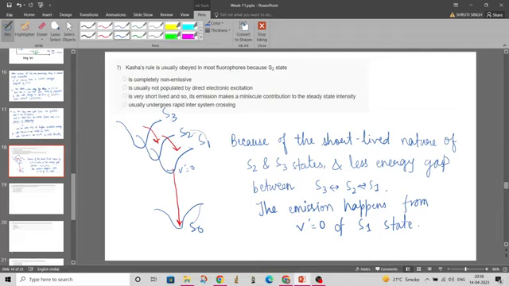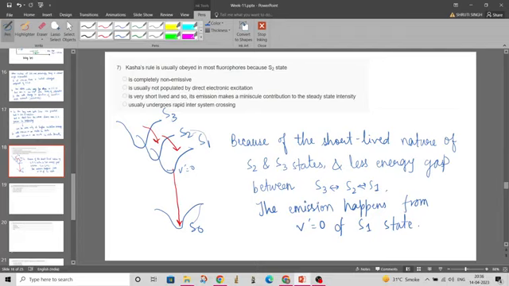This rule is obeyed because even if we give more energy and excite to the S3 and S2 states, for most fluorophores they are short-lived, and there is a small energy gap between S2 and S1 or S3, S2 and S1.